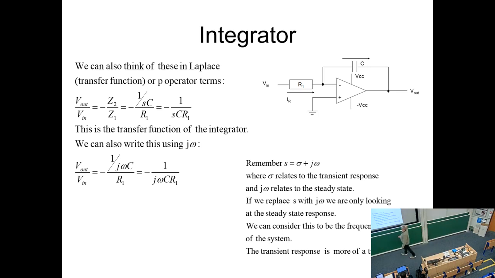And rearrange that, and you get 1 over J omega C. And if we replace J omega with S or P or whatever, these are the same. These letters are just abbreviations to remind you that there's something to do with frequency going on in that space. So there's a bit more warning here: remember, S equals sigma plus J omega. So there are issues.